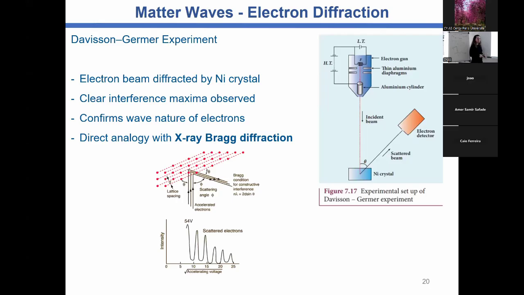And it's nice to mention that when we work with particles, electrons, for example, we have different interaction because the electron is negative. So, for example, X-ray will go deeper, electrons stay more on the surface.